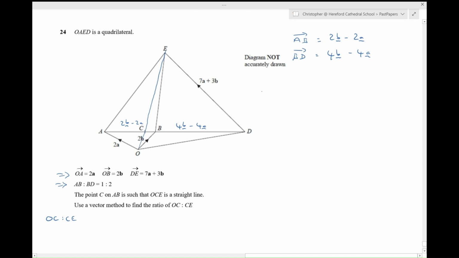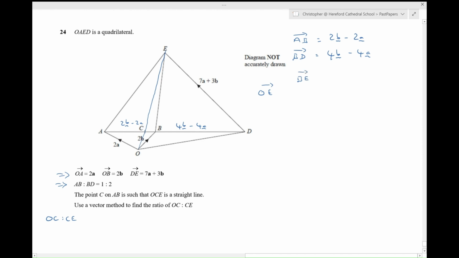So let's find OE. To find OE, I'm going to take myself up to B and then up to E. I know what it is to B, but I don't know what BE is. Oh, but I bet I can find out BE.